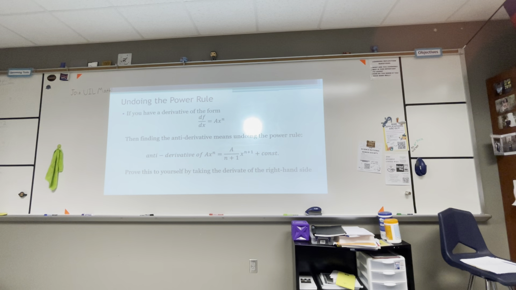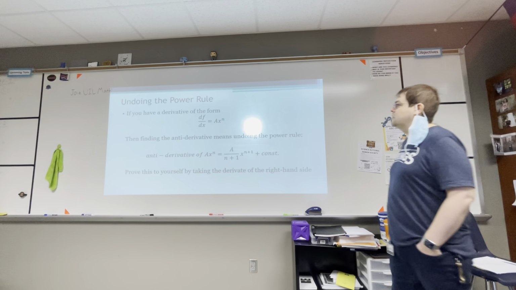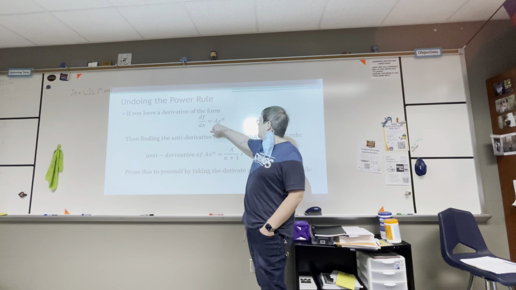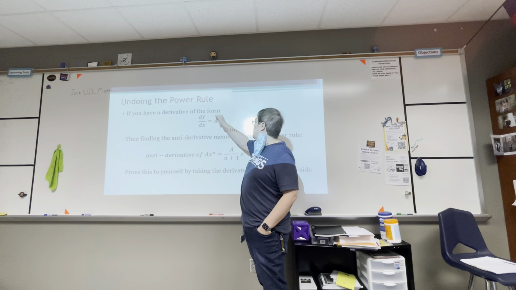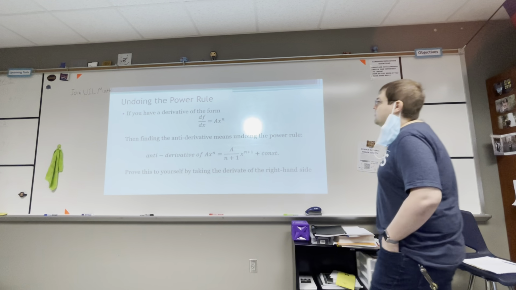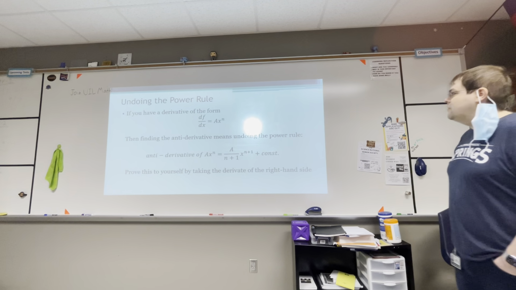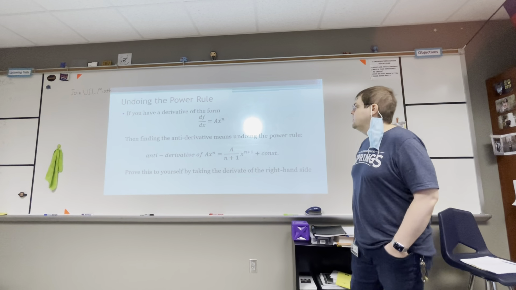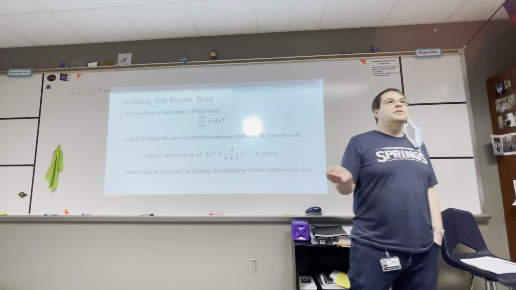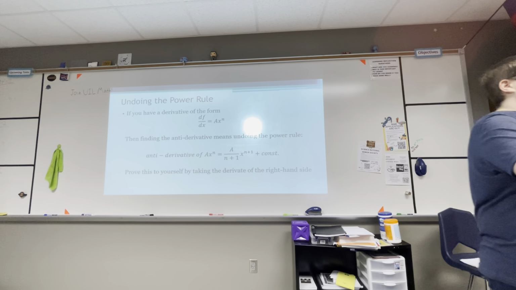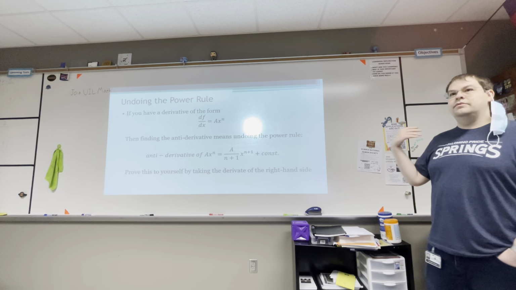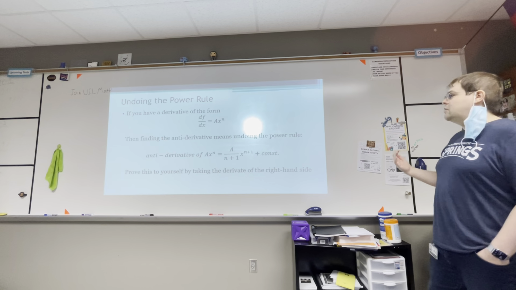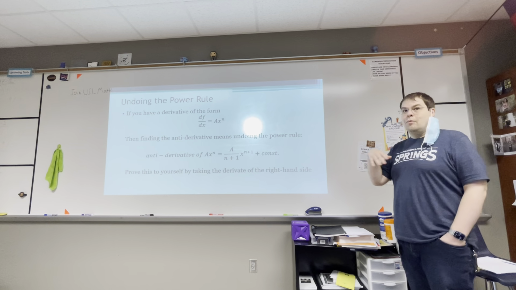So if we have a derivative in the form of something like this, a coefficient times x to the n, then we can find the antiderivative by undoing the power rule. For the power rule, we would bring down that n and subtract 1 from the power. Now we're just going to go backwards.